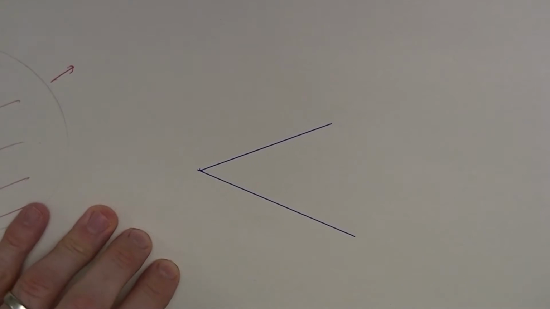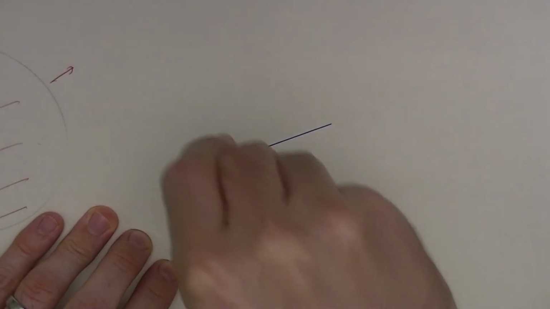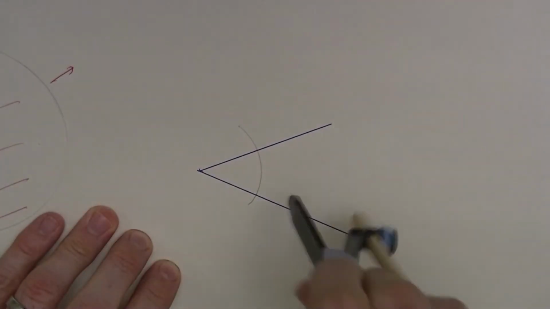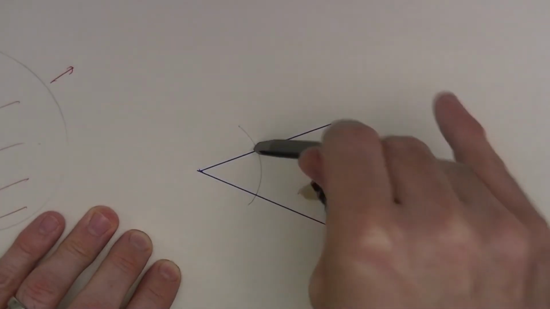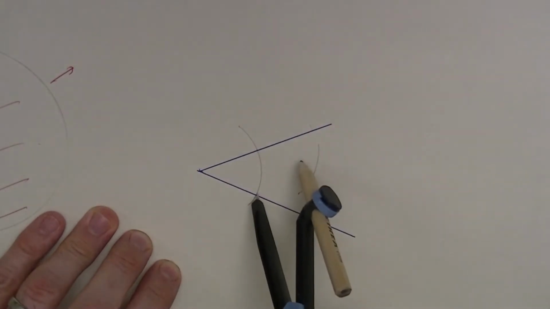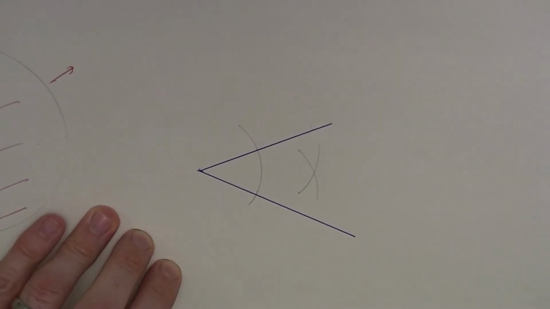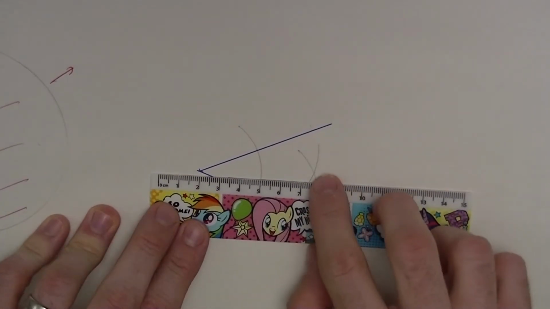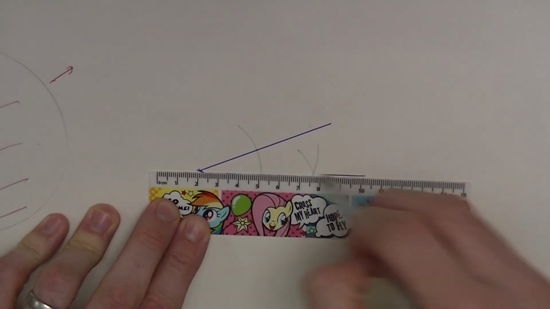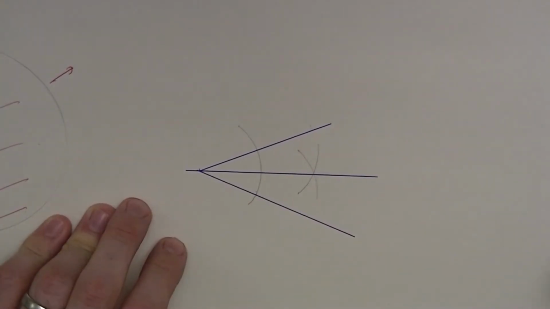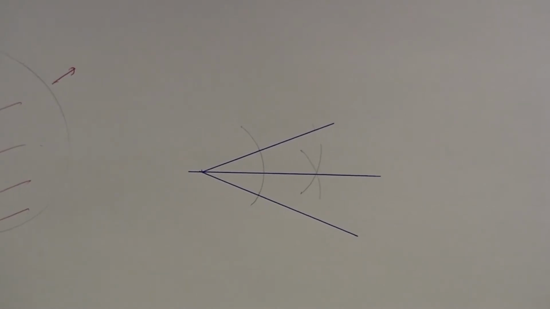I get my compass again, open it maybe to a couple of centimetres and start with an arc there, then take the point and put it on that intersection there, and then move it to this intersection here, and it gives me that kind of look, and I connect where these two lines cross to the angle, and in so doing I am bisecting, cutting that angle in half.